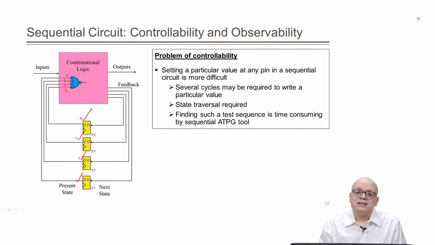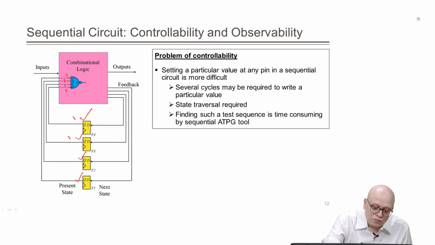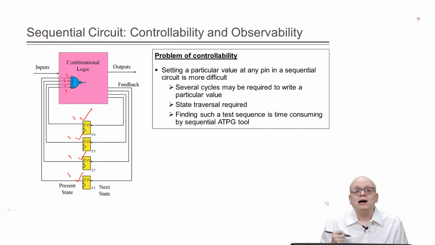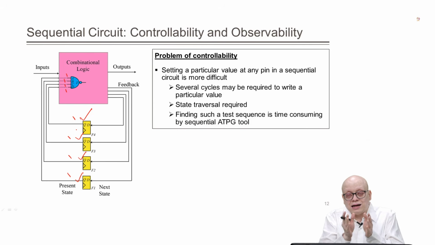Now, to get these values at the input of the NAND gate, we must have 1 1 1 1 at the output of these flip flops. These flip flops can be part of an FSM, and getting the state 1 1 1 1 for that FSM may not be easy.